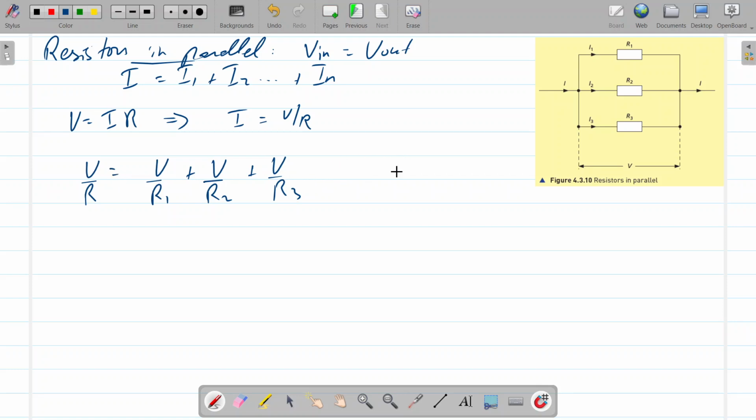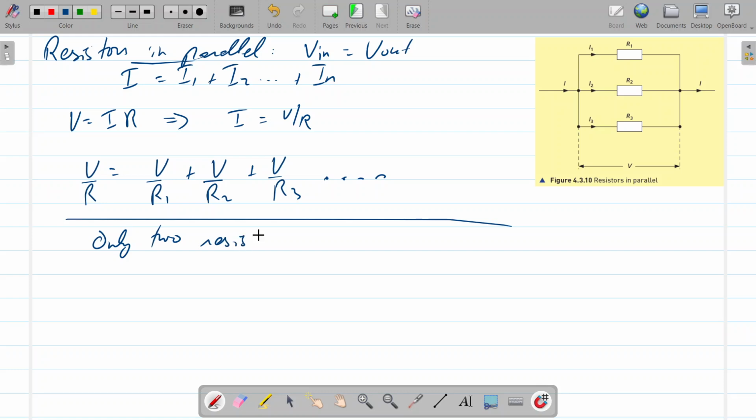Now, as many resistances as there are, it's going to get complicated. So what we're going to do is just talk about, let's say there are only two of them, only two resistors. And so we've got V over R equals V over R1 plus V over R2.